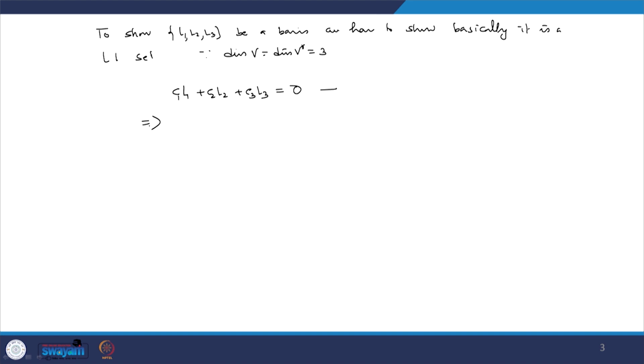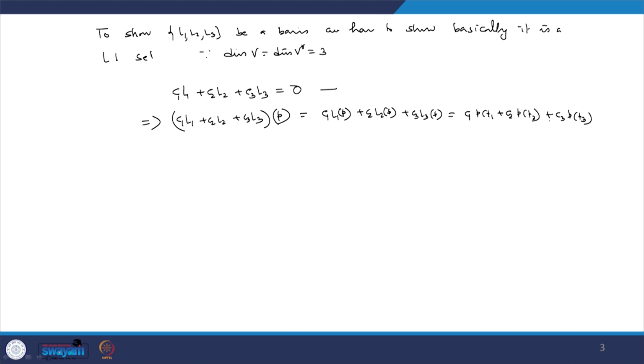This implies that c1 L1 plus c2 L2 plus c3 L3 operating on p, any element of V, will be equal to c1 L1(p) plus c2 L2(p) plus c3 L3(p), which is equal to c1 p(t1) plus c2 p(t2) plus c3 p(t3).